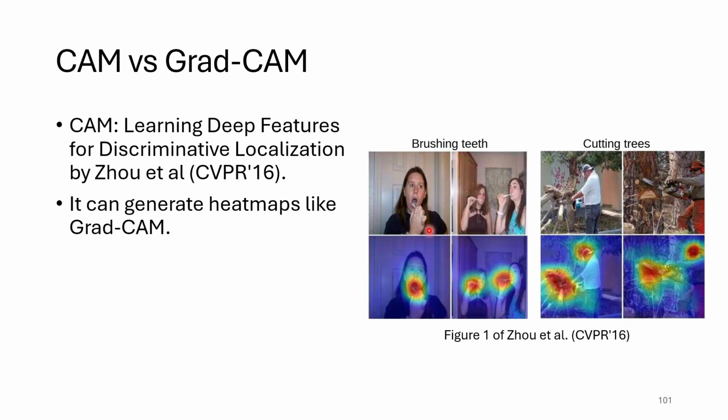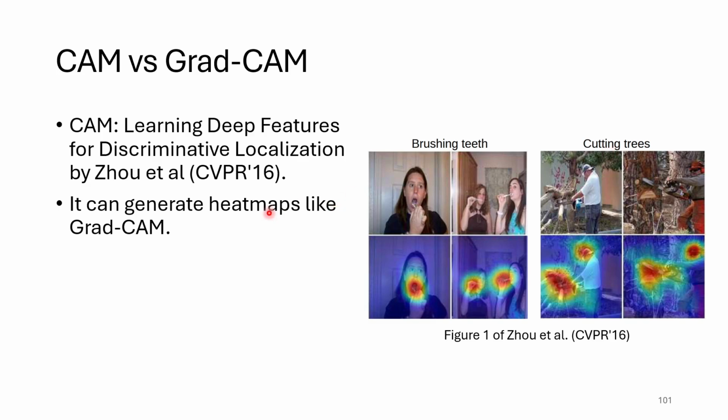And as you can see, if they want to highlight the Russian teeth, then it already showed the heat map or the key points of the class Russian teeth. So if they want to highlight the cutting tree, it will also show the important areas the network sees and uses to classify whether it is a cutting tree class.